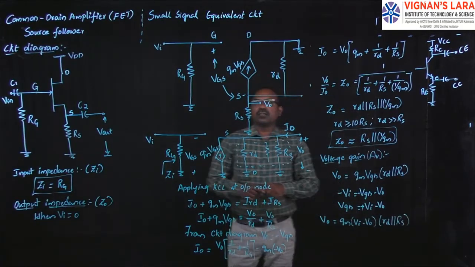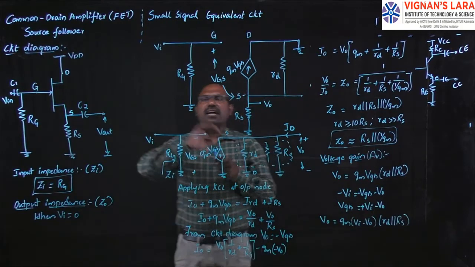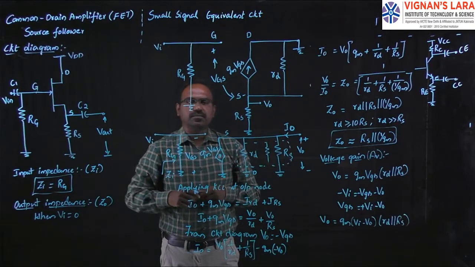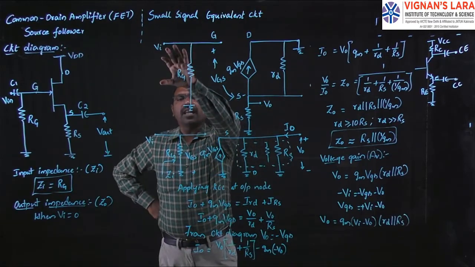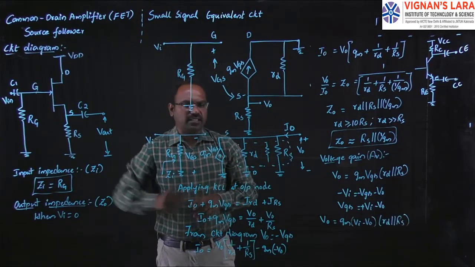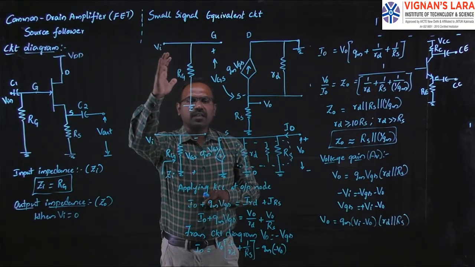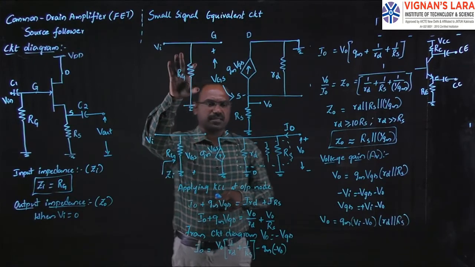Right? So now what I have done is I have simply written a KVL. Don't get confused here about what I have written. The Vi voltage drop will appear across this resistance.